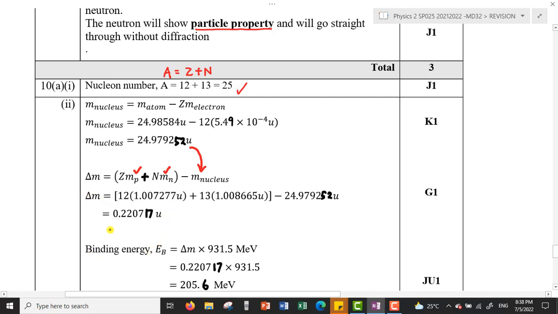Okay, so we have got the mass defect, then we need to calculate the binding energy. So, class, because the mass defect is in U, so I can calculate the binding energy by just taking the mass defect multiplied with 931.5 mega electron volt. Okay, I repeat, kerana mass tu dalam atomic mass unit U, so saya boleh cari binding energy dengan saya terus ambil the mass defect multiplied with 931.5 mega electron volt. Why? Kenapa?